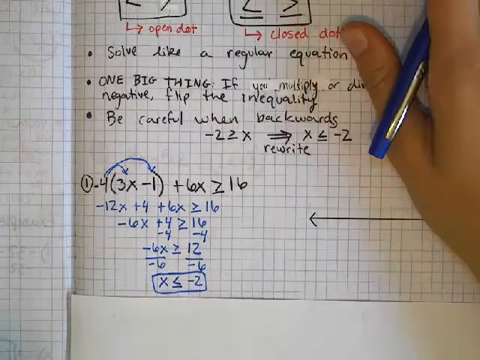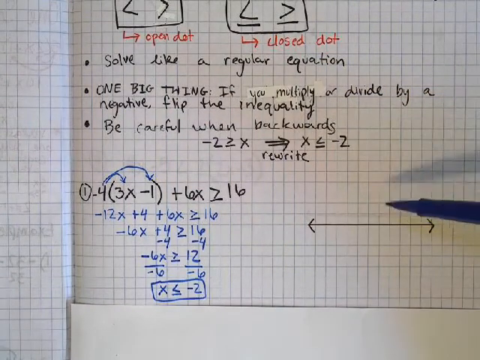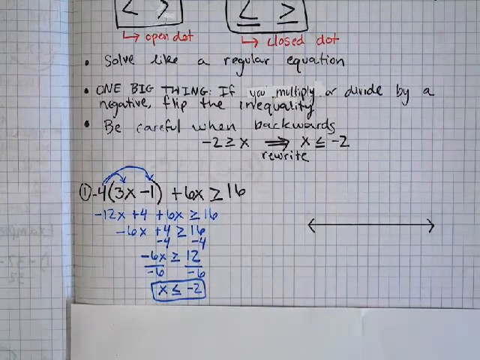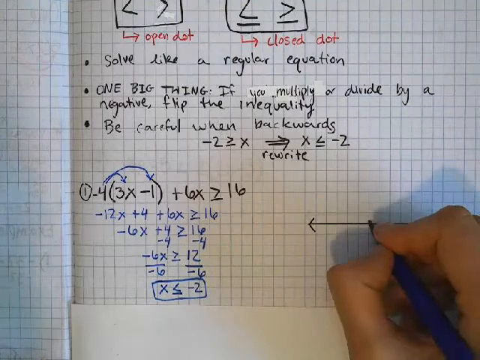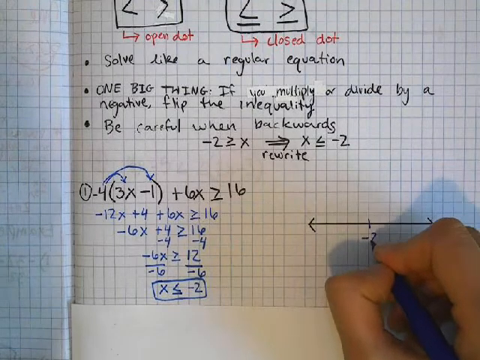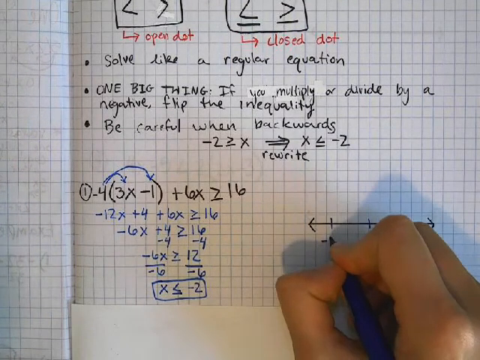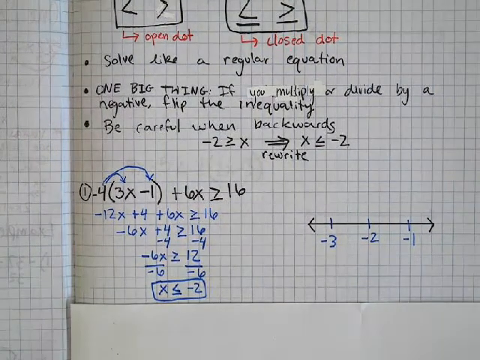Okay, so remember up here when I was talking about open and closed dots? That's when we graph, okay? So when you graph, it doesn't have to be a very detailed graph. I usually put around 3 numbers. So in the middle, I'm going to put -2, and then I'm going to put 2 numbers on the sides of it, just so I get that image of where I'm at on the number line.